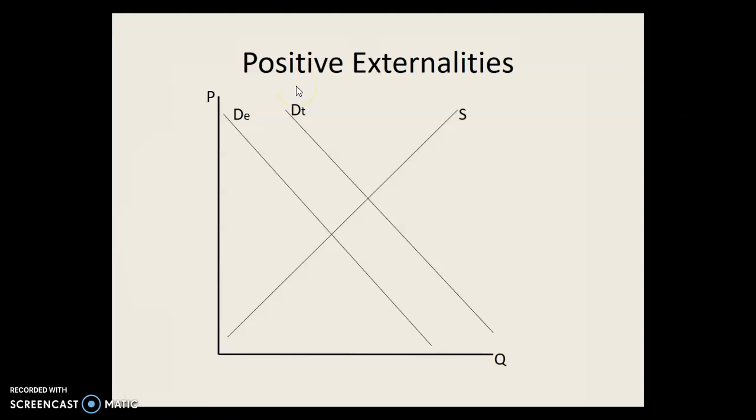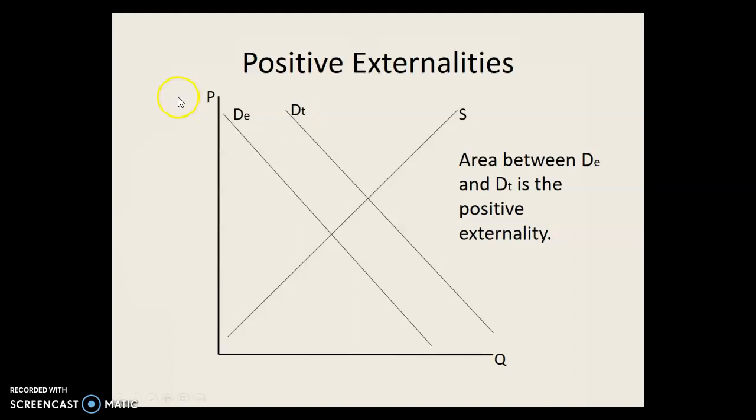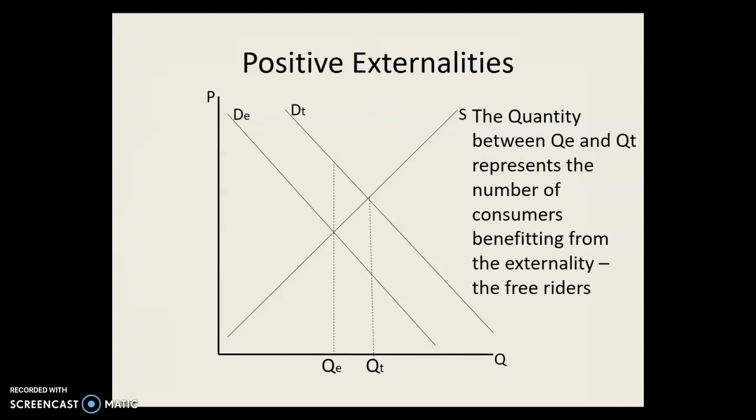Now, everyone who's benefiting from the externality is actually paying for it. The area between DE and DT, that is, the demand with the externality and the total demand if there were no externality, that area between the two demand lines is the positive externality. And if we look at the quantity, QE is the quantity that is purchased including the externality.